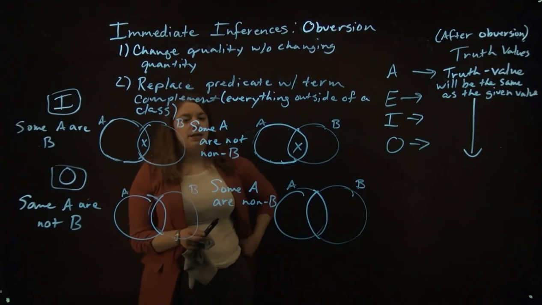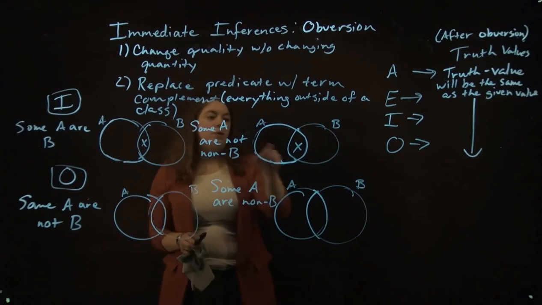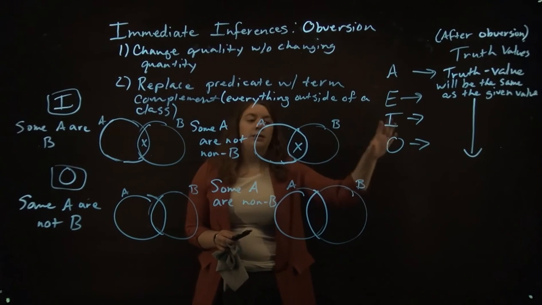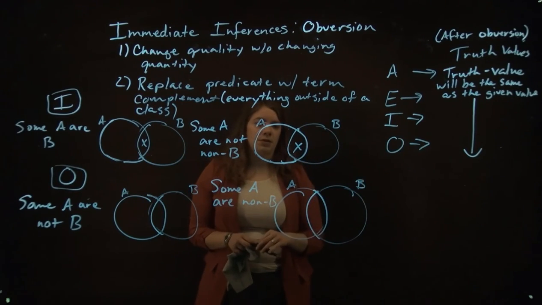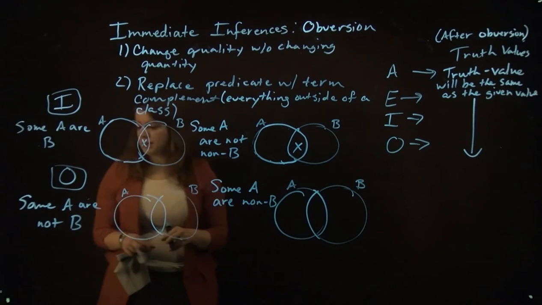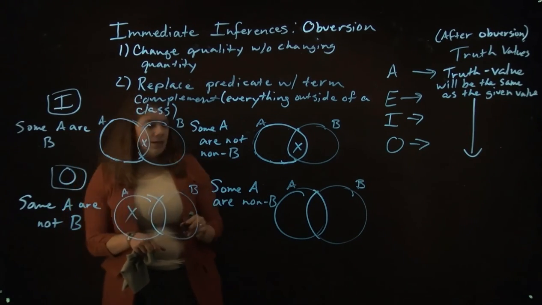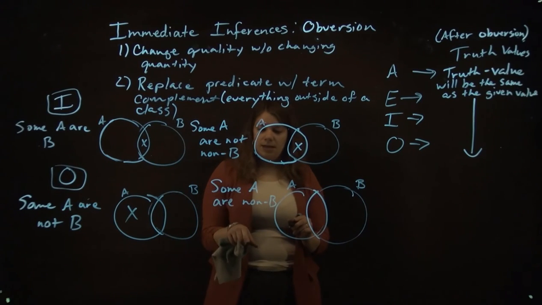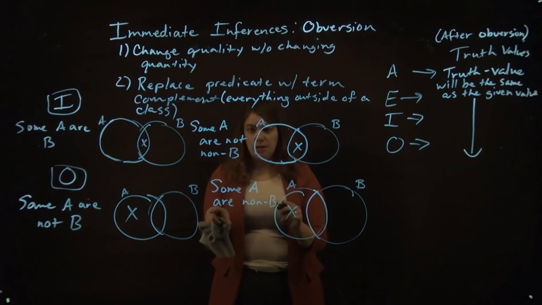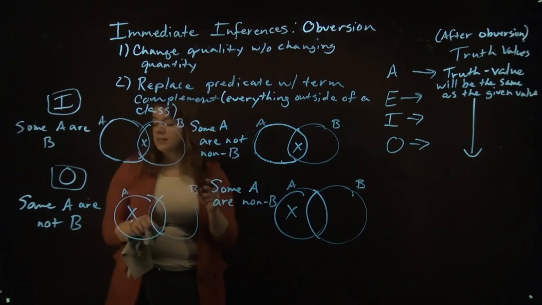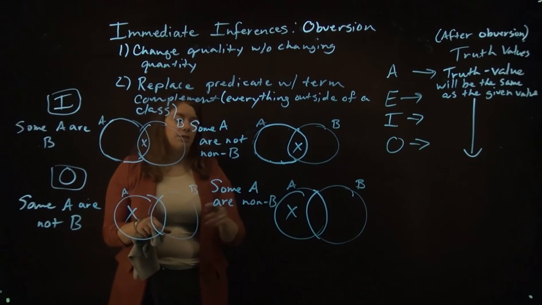You're saying that it is not part of any class of the non-B, anything that's outside of the B class. So it is actually part of the B class. Likewise, if you're saying some A are not B, that's the same thing as saying some A are non-B. Some things are outside of the class of B. Something of the class A is outside of the class of B here.